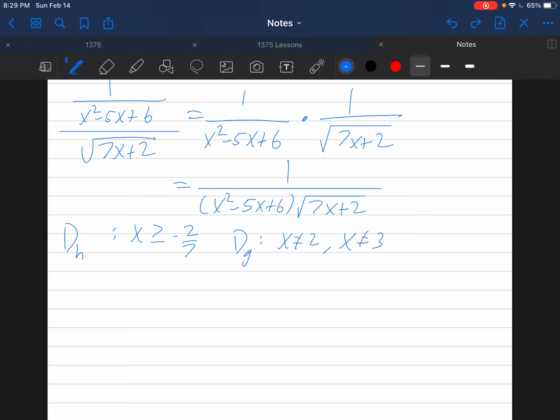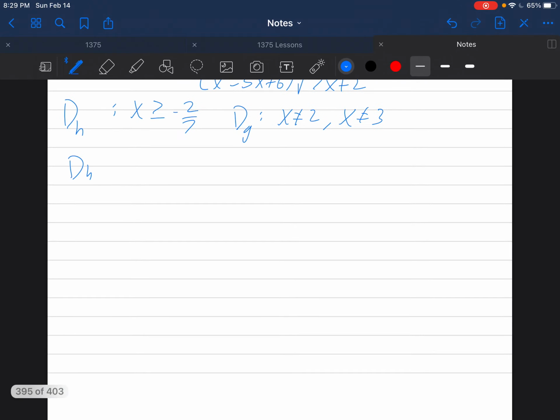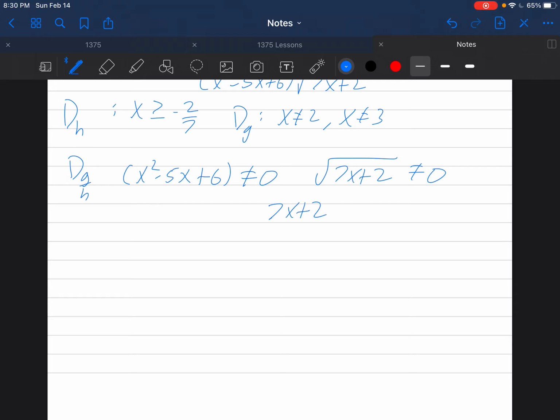Because remember, our new function, g over h, has this x squared minus 5x plus 6, which cannot equal 0. And it also has radical 7x plus 2, which cannot equal 0 because they're in the denominator. And in addition to that, 7x plus 2 must be greater than or equal to 0.